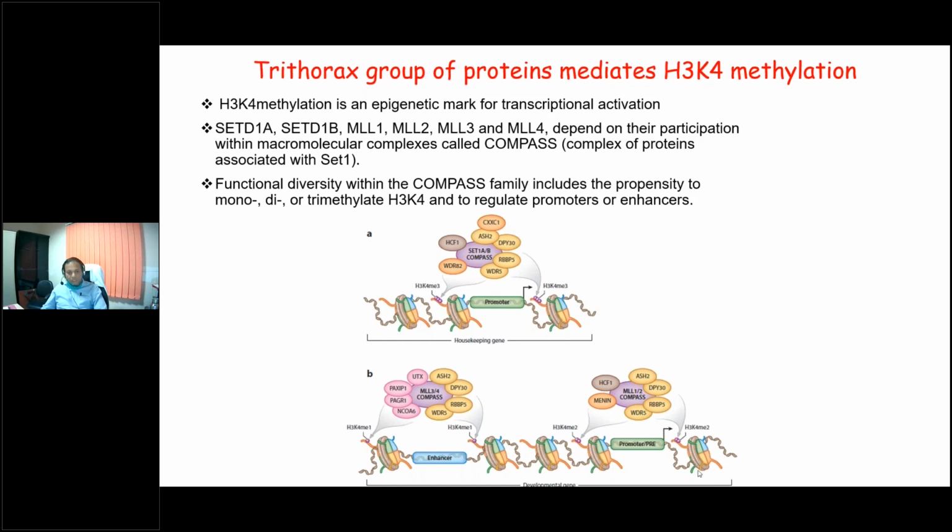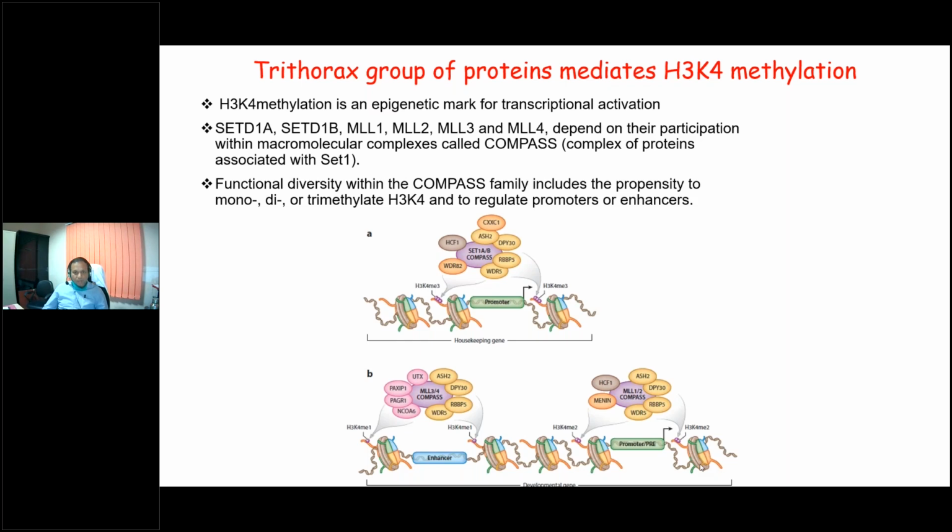So basically, if you see H3K4 monomethylation somewhere in the genome, that means this region of the DNA can function as an enhancer of the gene.